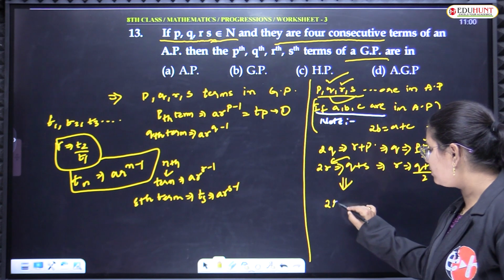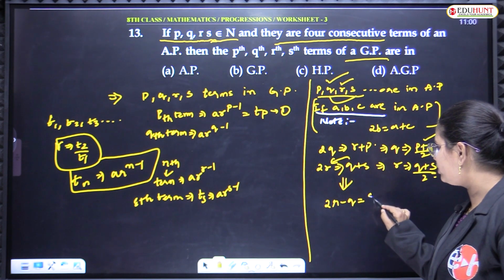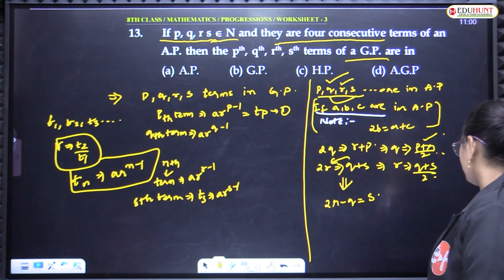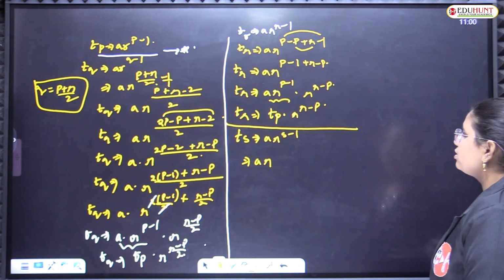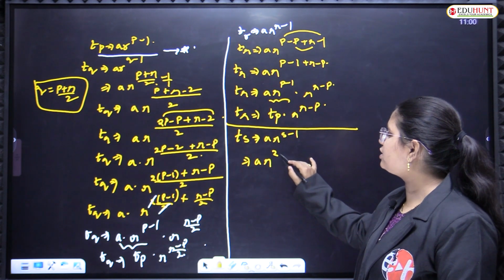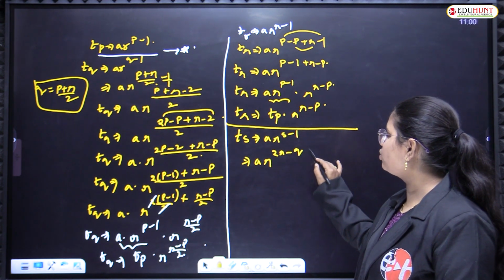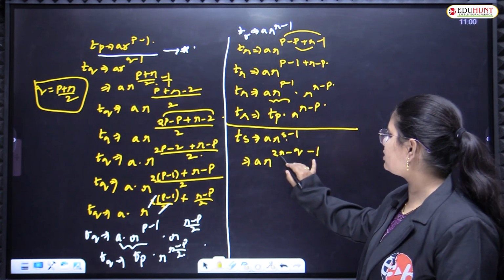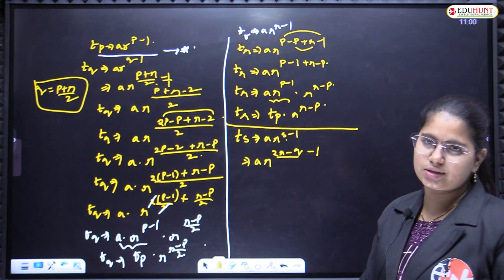So 2R minus Q is equal to S. Correct? So what is the value of S? 2R minus Q. That is what I am substituting here. The S value is 2R minus Q, minus 1. Am I clear? In the place of S, I have just substituted 2R minus Q.